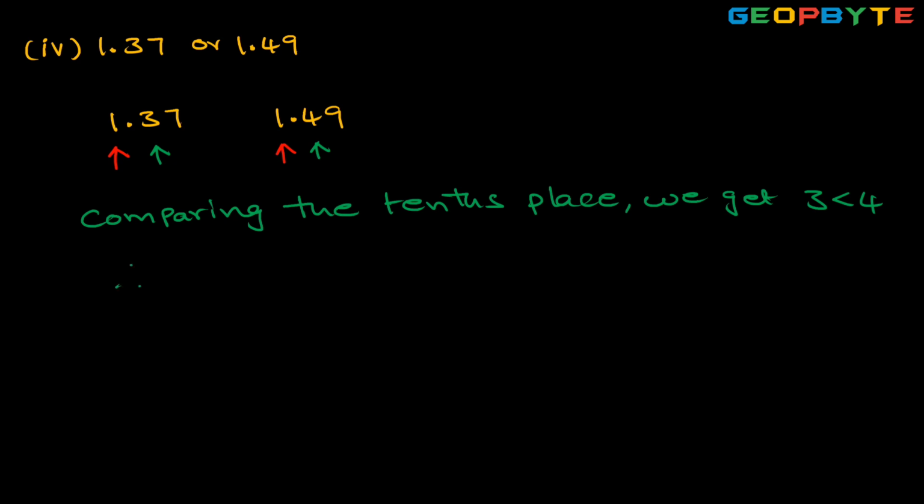So therefore we can say that 1.37 is less than 1.49, or we can also say that 1.49 is greater than 1.37. So among 1.37 and 1.49, 1.49 is greater.